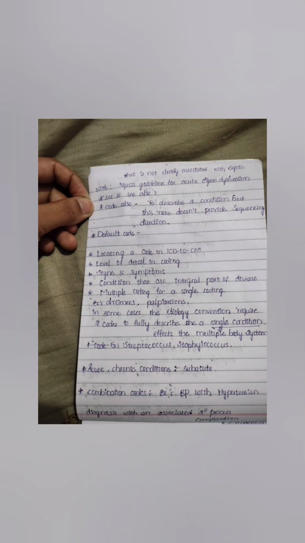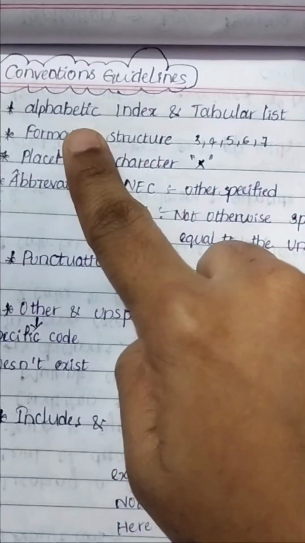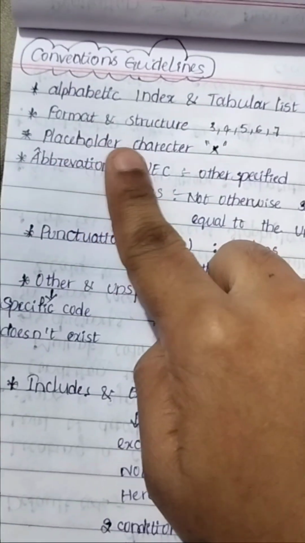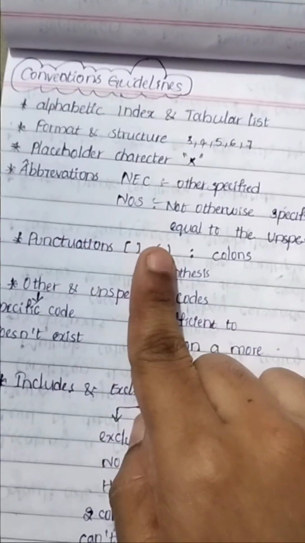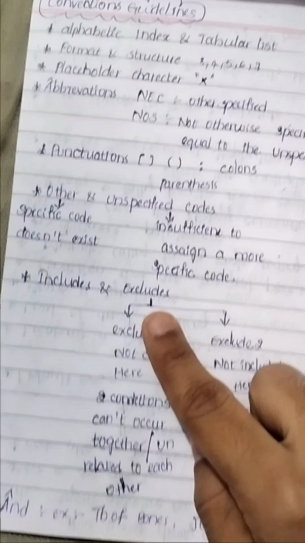Like I already told you, the placeholder character, for example X, because we need some extra characters in the code, then these unspecified codes are given. In these unspecified codes, insufficient information is given to code the specific.